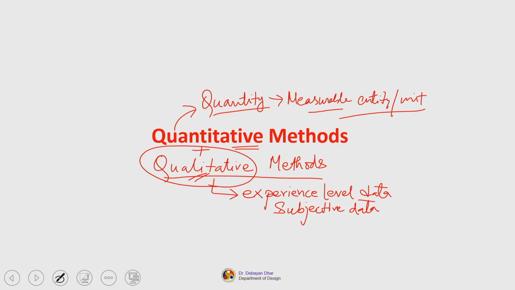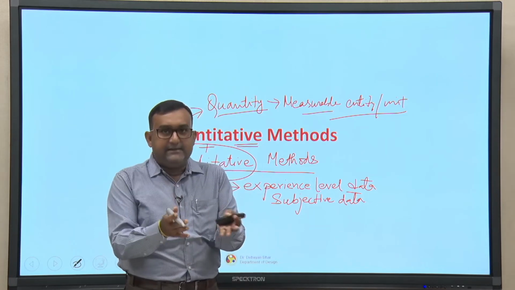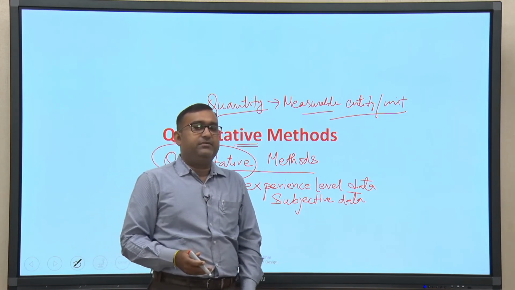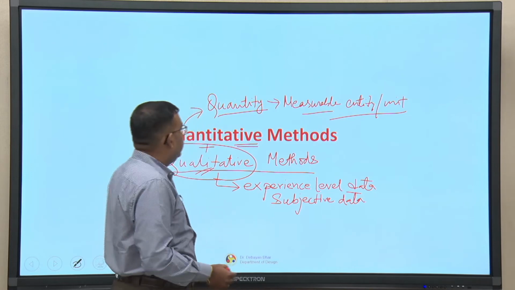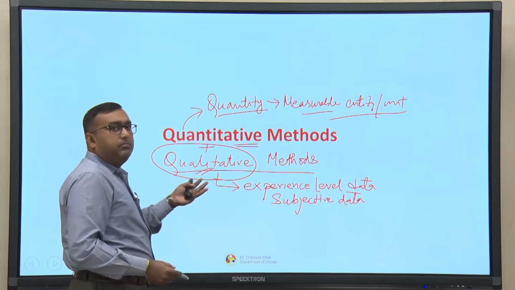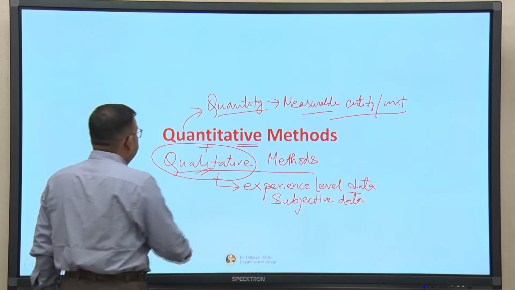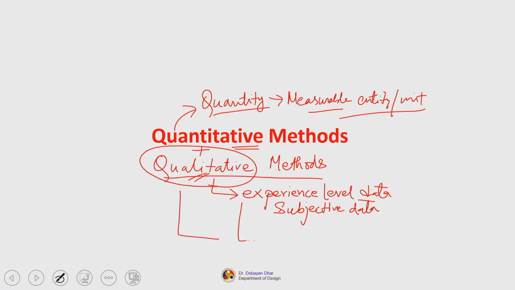Now, one of the basic differences which I would like to discuss right now before we enter into the detailed discussion is that if you plot these two types of data on an x, y axis, for quantitative you would see the data can be plotted across units that are constant in nature, right.